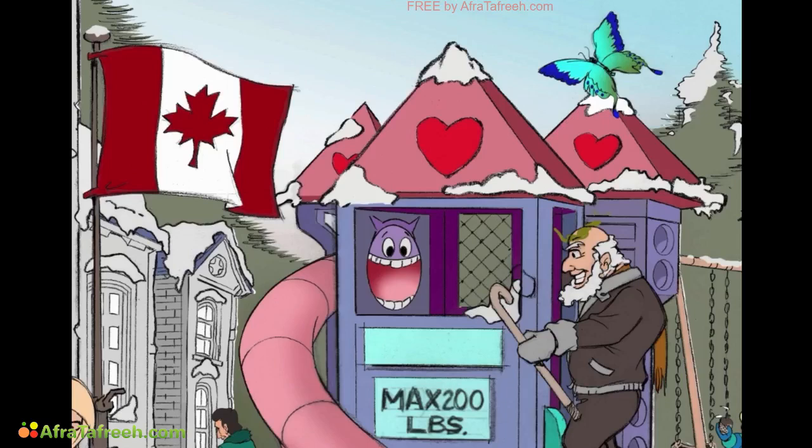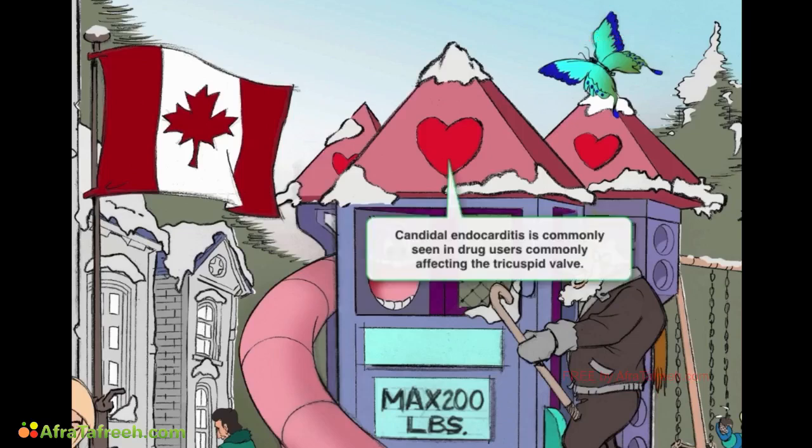The first valve it would encounter is the tricuspid valve, which is why it's so commonly infected in IV drug users. Notice we've made these roofs shaped like 3 pyramids. We did this as a callback to the Staph aureus video, in which the 3 pyramids represent the tricuspid valve. Same goes for here. IV drug users are at increased risk for developing candidal endocarditis, which commonly affects the tricuspid valve.